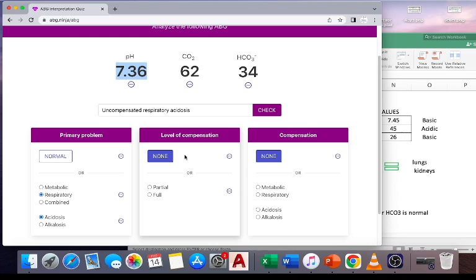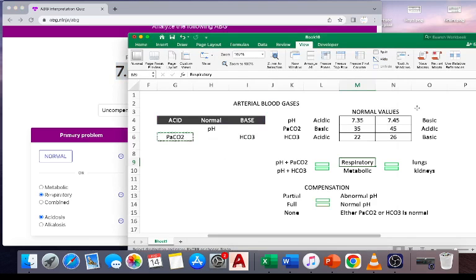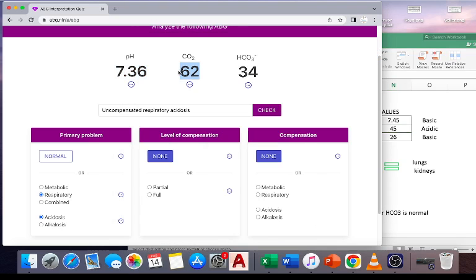Once again, we look at whether there's a normal value here. Normal values are 35 to 45. For this one, 22 to 26, so we cannot use none because there's some level of compensation; it's abnormal. Now we look at the pH to answer whether it's partial or full.